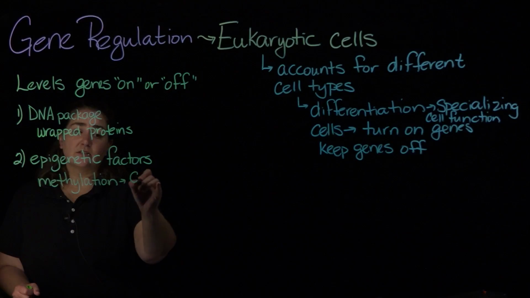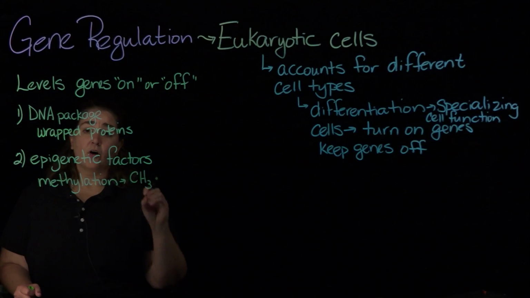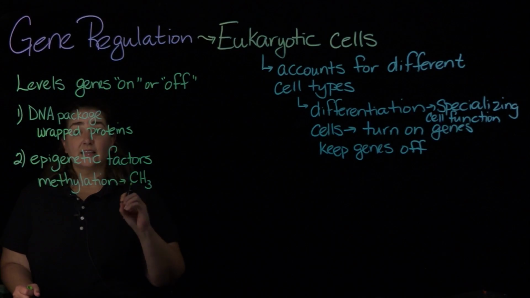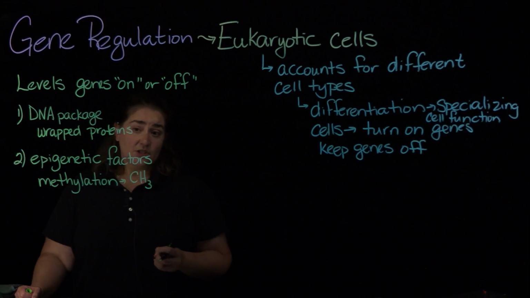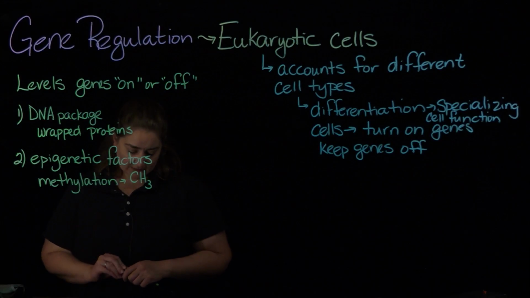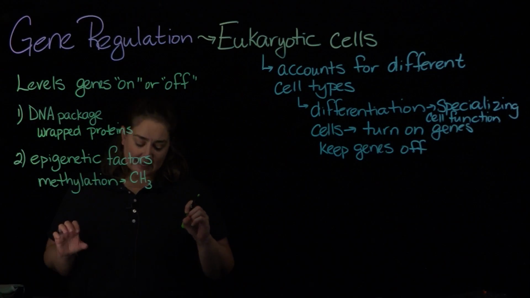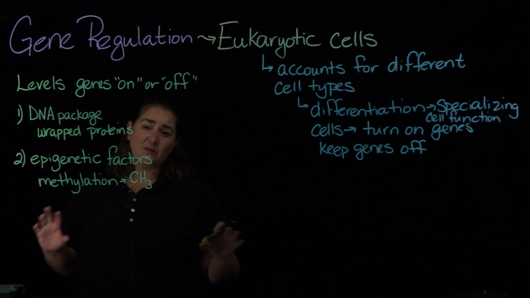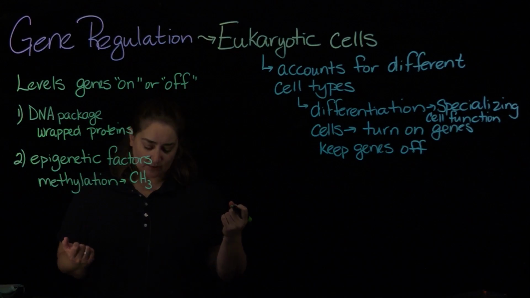That methylation essentially is the attachment of a methyl group onto the DNA itself. It's a way of tagging the DNA, and that then is interpreted by the cell as far as this gene gets transcribed, this gene doesn't. Okay, so it's a way for the cell to communicate that information. Okay, typically when you've got methylated DNA, it's going to be off. Unmethylated DNA, lacking those methyl groups, that would be the on position.